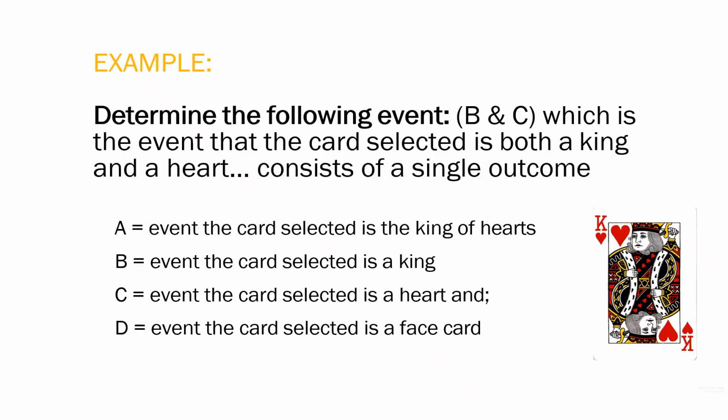If you look down in here, we've got B is the event the card selected is a king, and C is the event the card selected is a heart. How many kings that are hearts are within a card deck of 52? Of course, there is only a single outcome. So consequently, B and C is the event that the card selected is the King of Hearts, and it is a single outcome, there's only one.